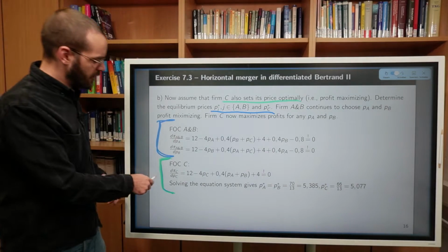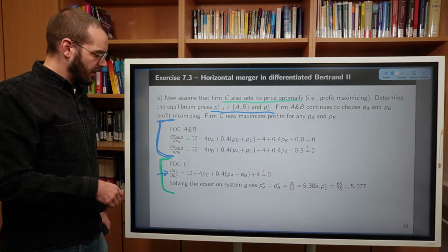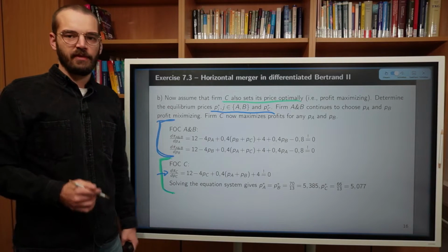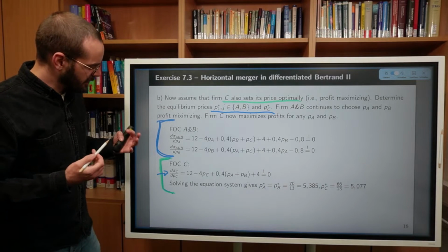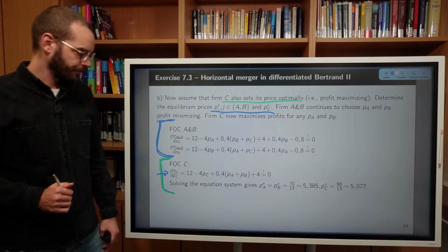And that's exactly what we are doing here. So we state the profit function of firm C and then find the profit maximum by calculating the first order condition for the profit maximum.